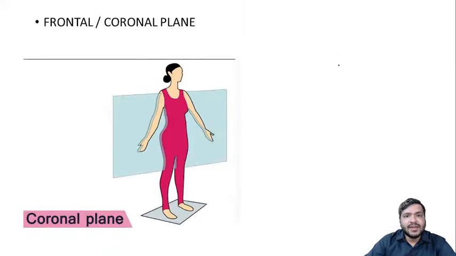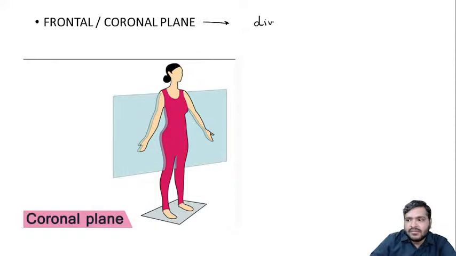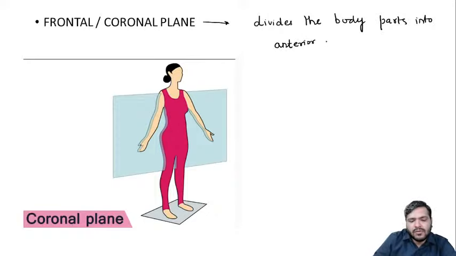Apart from that, guys, coming on to the next, that is the frontal or the coronal plane. Remember that this particular plane divides the body parts into anterior and posterior portions.